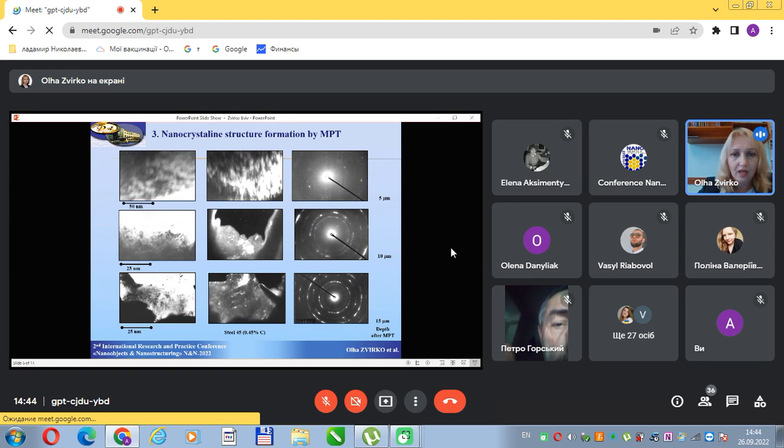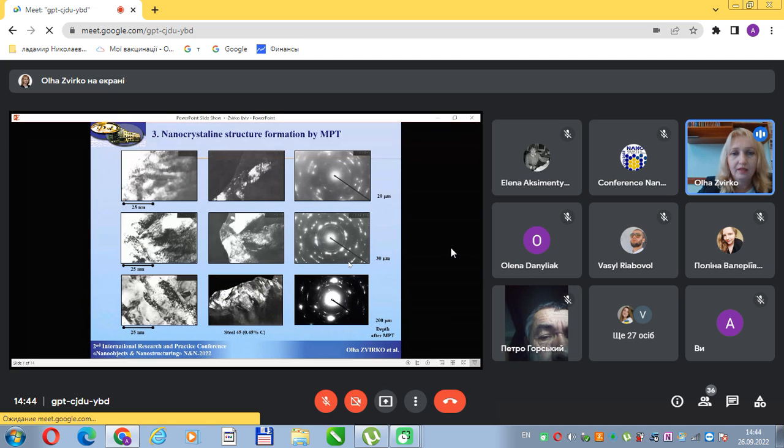At a distance of 20-30 micrometers from the surface, we can see that grain size also increases, and we have a fine grain structure. And at a distance of 200 micrometers and above, we can observe a typical structure with low angles of disorientation between grains.